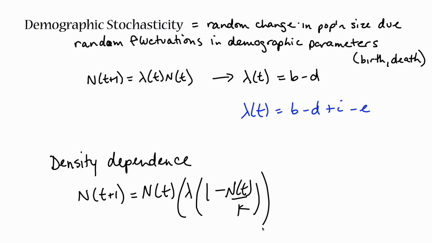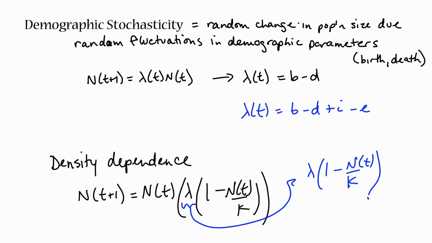So if you wanted to make a density dependent model stochastic, you'd just take your lambda again and draw it from some distribution where the mean of the distribution is this whole thing, lambda multiplied by some density dependence term. So every time step you actually change the distribution you're drawing from because of the n of t in it. But it's still just demographic stochasticity because it's a random change in our demographic parameter lambda.